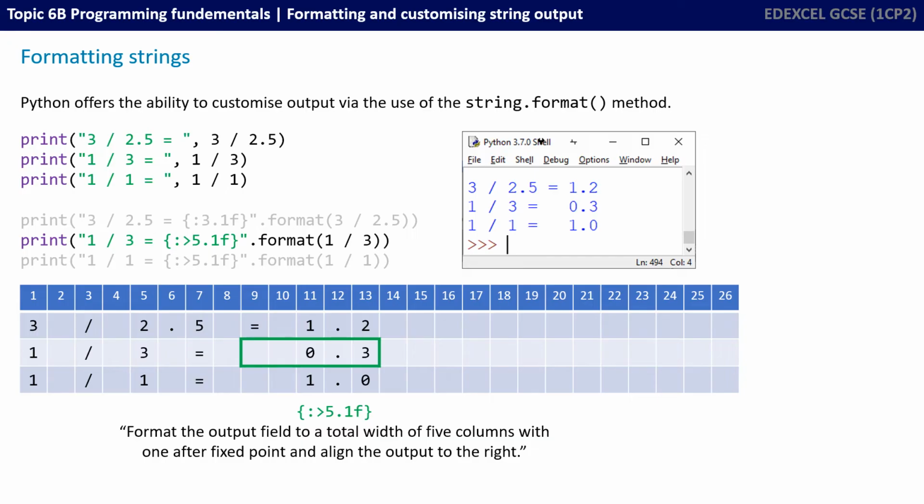This next one says greater than 5.1f. So this is saying format the output field to a total width of 5 columns with 1 after the fixed point and align the output to the right. And that gives us the padding of 2 on the left, so it lines up nicely. And it's the same for the last one.